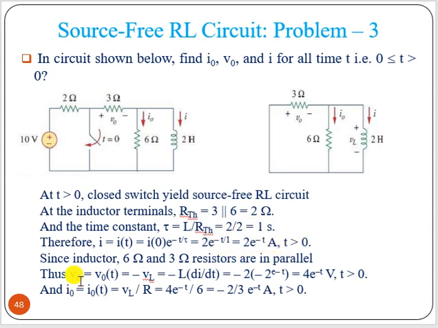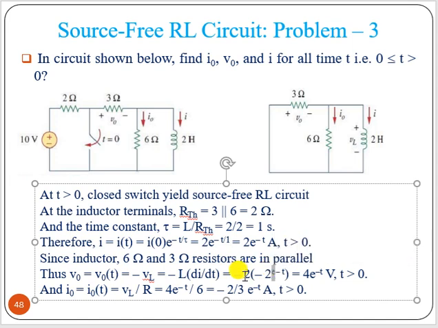For t greater than 0, since the inductor, 6 ohm and 3 ohm resistor are in parallel, this voltage will be the same. Then we can find out the voltage across the inductor, that will be the voltage across the 6 ohm. So the voltage across the inductor we can write as VL equal to L di by dt.